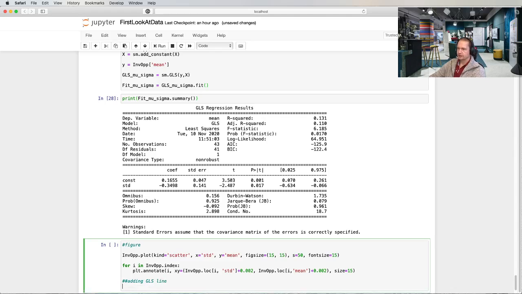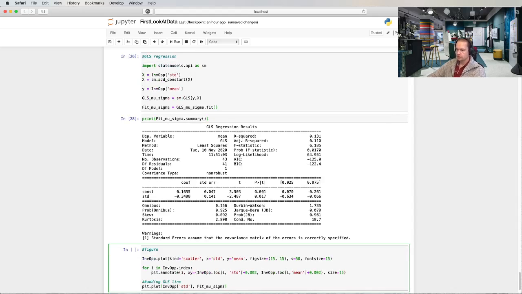All right. So we're saying plt.plot. What shall you plot? Plot the investment opportunity information about the standard deviation on the x-axis, and on the y-axis fit mu sigma, that's the object from the fit, and now take the prediction.